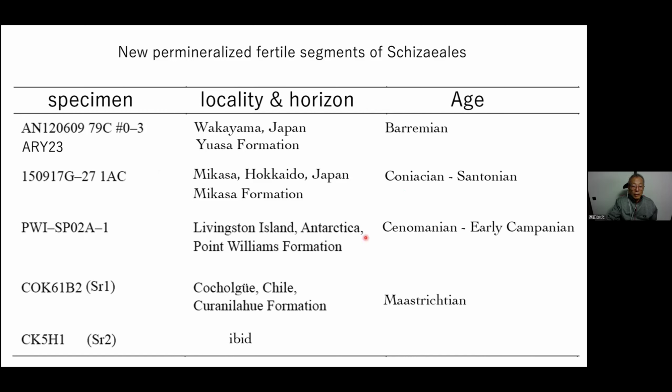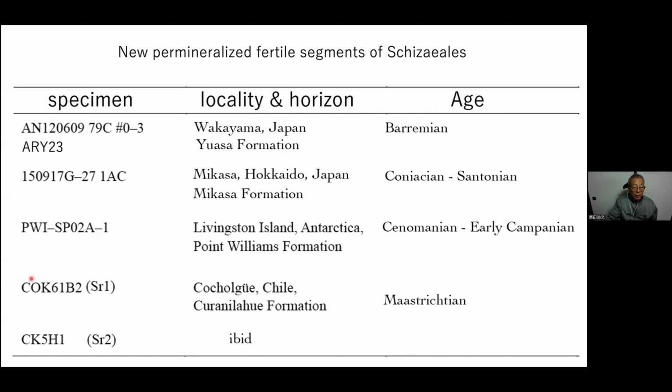And another one is from Antarctica. And I made an Antarctic survey in 2011, and I found one silicified material on Livingston Island, and I will show you today. These are probably from the Point Williams Formation, Cenomanian to early Campanian.